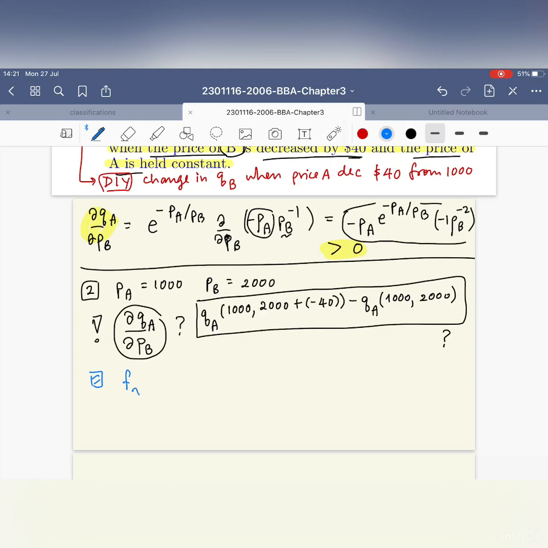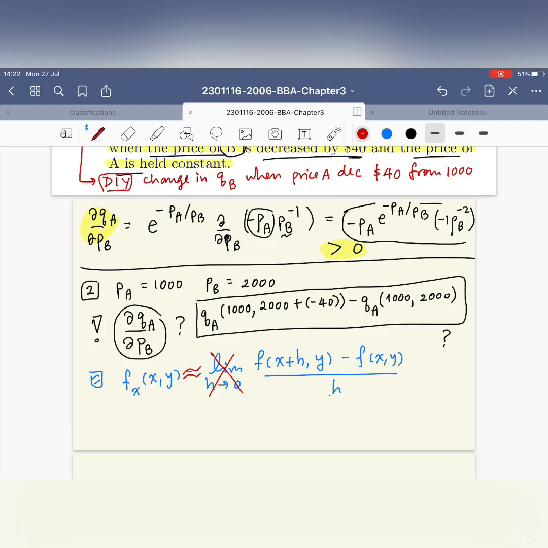You know that f sub x at a particular point (x, y) can be found using the limit as h goes to 0 of f of (x plus h, y) minus f of (x, y), over h. What we are going to do is get rid of the limit and change this into the approximation sign instead.